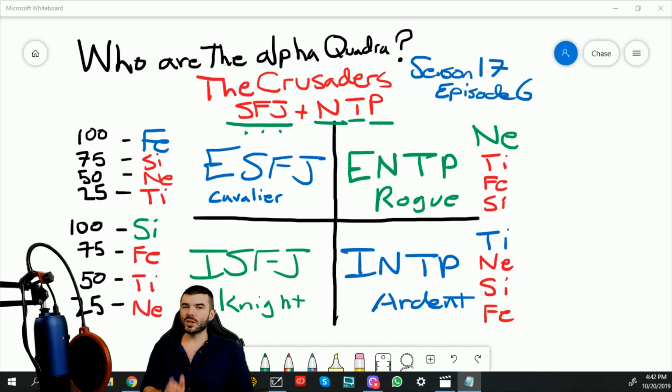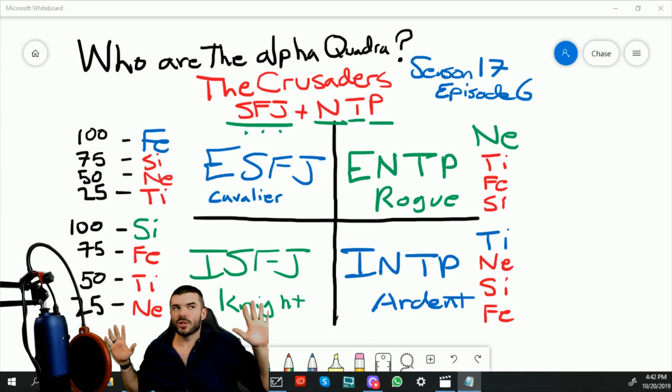And one of the reasons why is that if you notice something about the Alpha Quadra, the Crusaders, they always have to have some kind of crusade or be on a crusade of some kind. The reason is that they have this weird normalcy bias, where if they don't have some kind of adversity in their life, it's like, okay, there's something wrong.